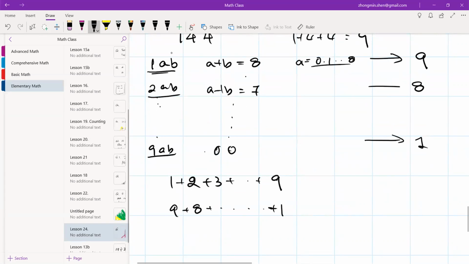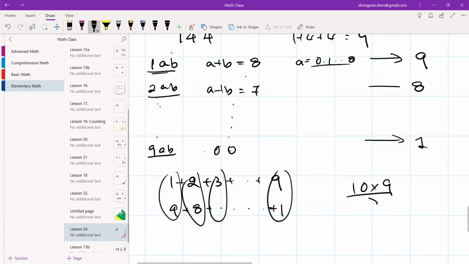So add them together, you get 10, 10, 10, 10. Have 9 tens divided by 2. It's a total of 45.